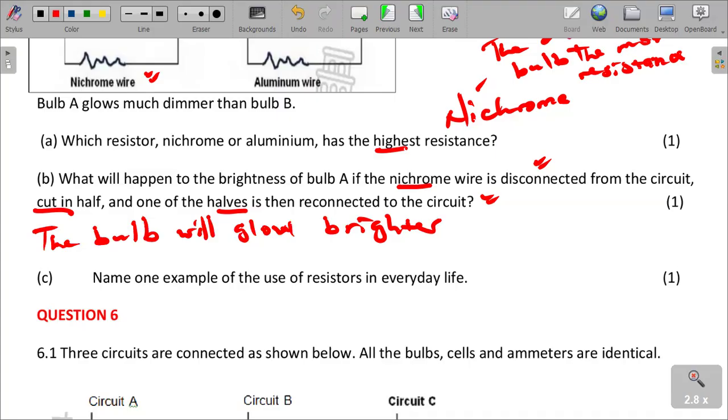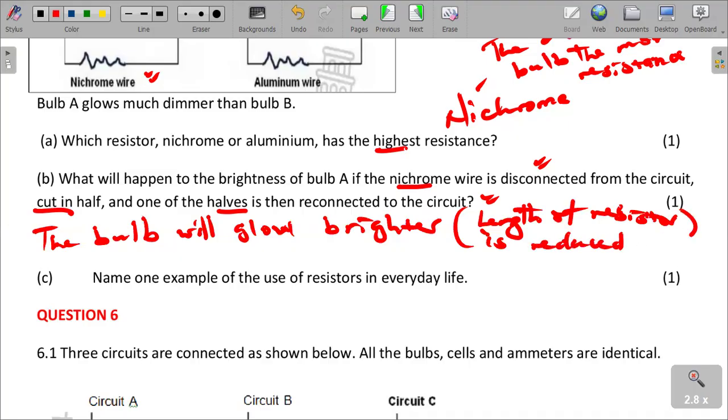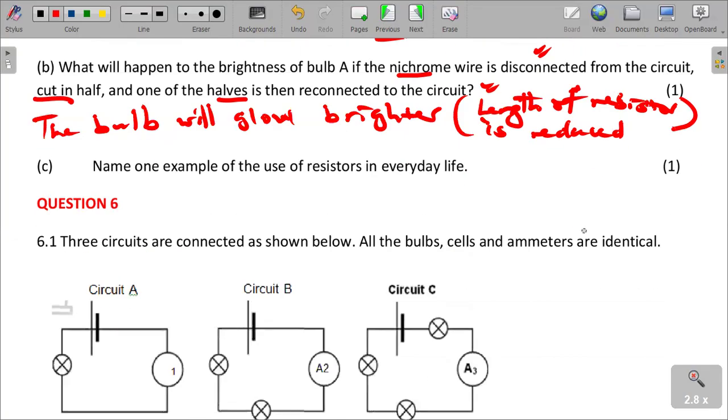That is one thing that you should know, because the length of the resistor is reduced. When the length is reduced, obviously, less resistance is going to be experienced.